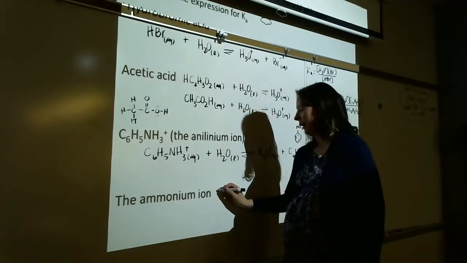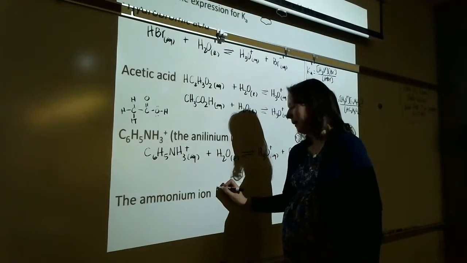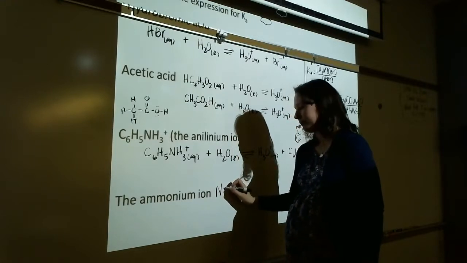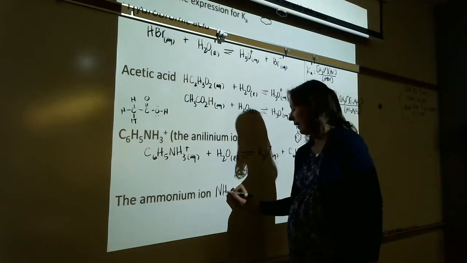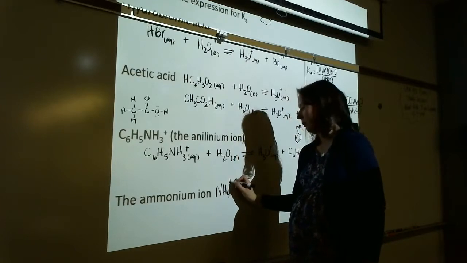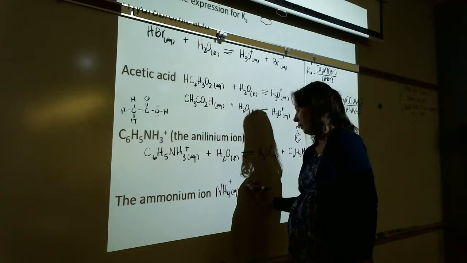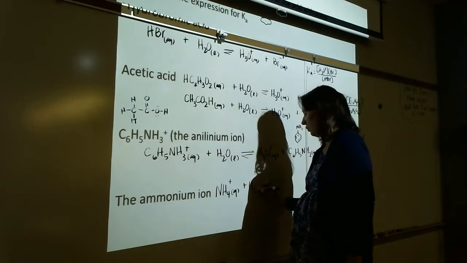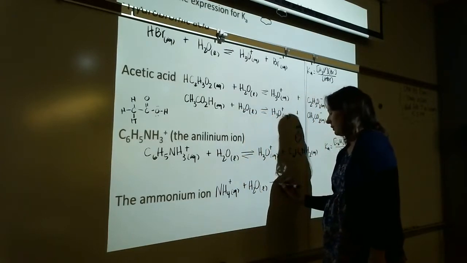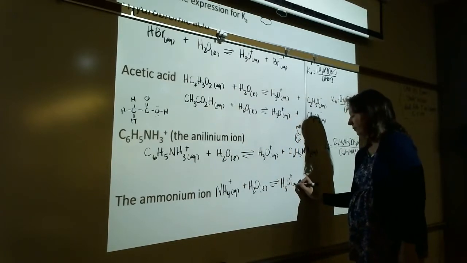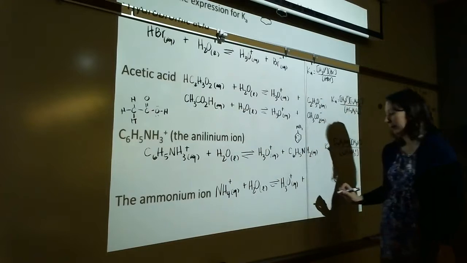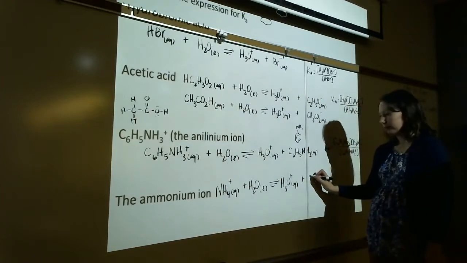What's the ammonium ion? It's what? In what formula? NH4 plus aq plus H2O liquid is in equilibrium with H3O plus, what? What's the conjugate base?